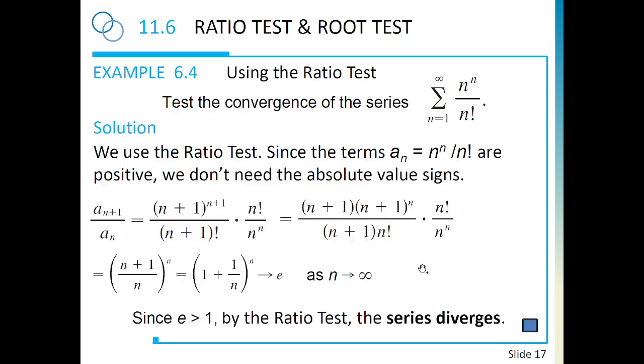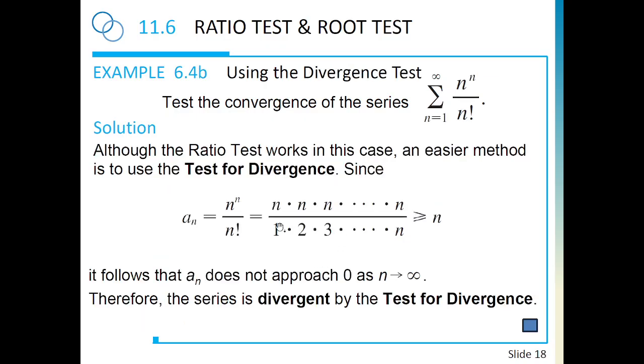The ratio test in this situation is applicable, it's fine, but this limit here would require a lot of work. Writing out the general term here simplifies the process, and we realize very quickly that the general term is actually divergent. It doesn't go to 0, therefore the series must be divergent by the test for divergence.